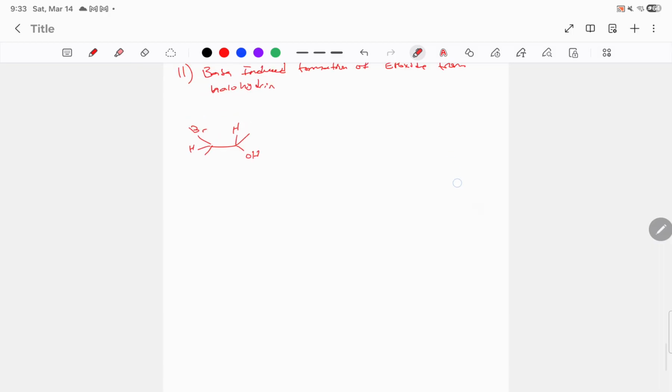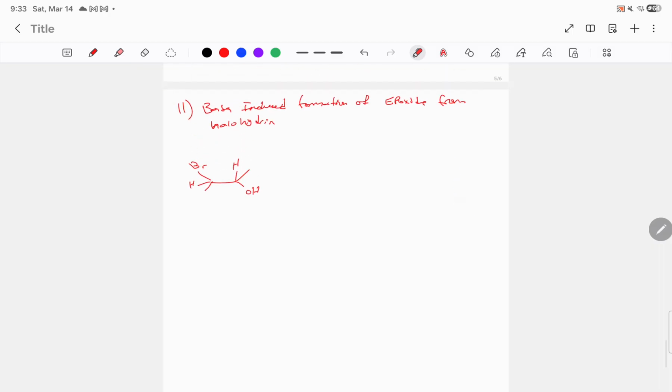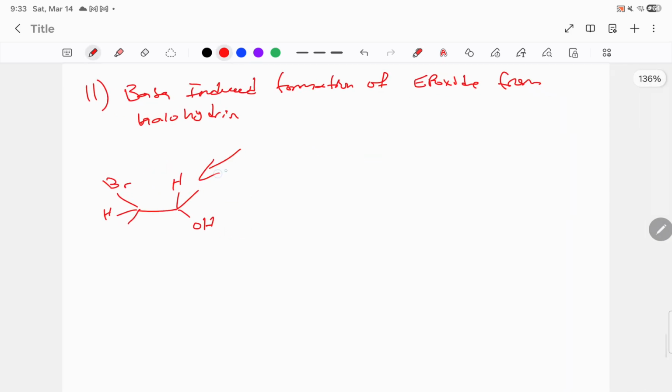I shouldn't say that. The anti occurs regardless, but you should just be able to tell from that this comes from a trans alkene. So first things first, we get this from a trans alkene by way of adding Br2 in water.